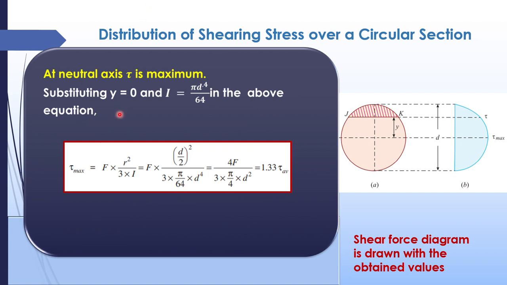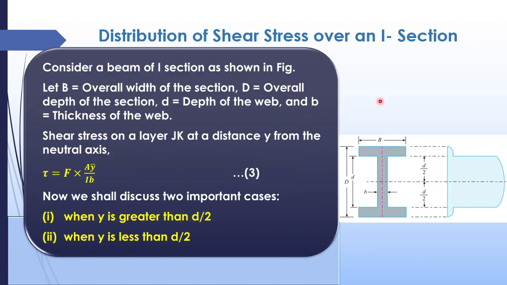So instead of y in the previous equation you have to provide 0, and at that point I will be pi d raised to 4 divided by 64, because the moment of inertia of the circle through its center of gravity will be pi d raised to 4 by 64. So providing that, you will get 1.33 tau average. That is the maximum value of shear stress, and this is the shear stress distribution diagram for a circular section.